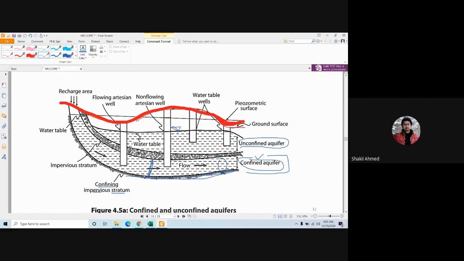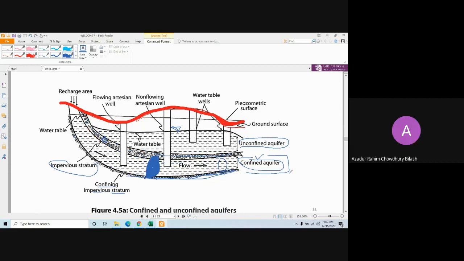Furthermore, this aquifer is also confined at the top by an impervious stratum here. That means this aquifer is confined by impervious rock, both at the top and at the bottom. So this is called a confined aquifer. Is it clear?